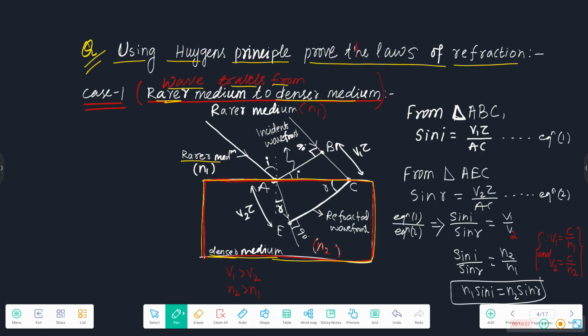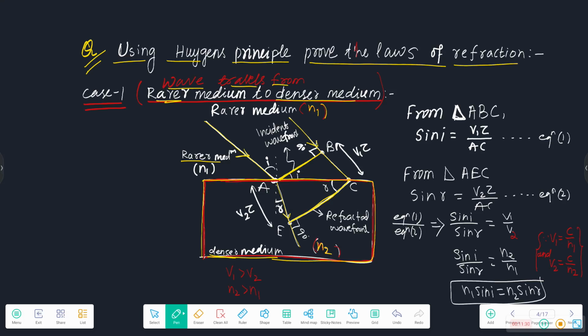The refractive index of the denser medium is n2, and the refractive index of the rarer medium is n1. Now, two light rays are coming here. Draw a perpendicular like this, that is the incident wavefront, and another perpendicular like this, that is the refracted wavefront, because this is the refracted ray.